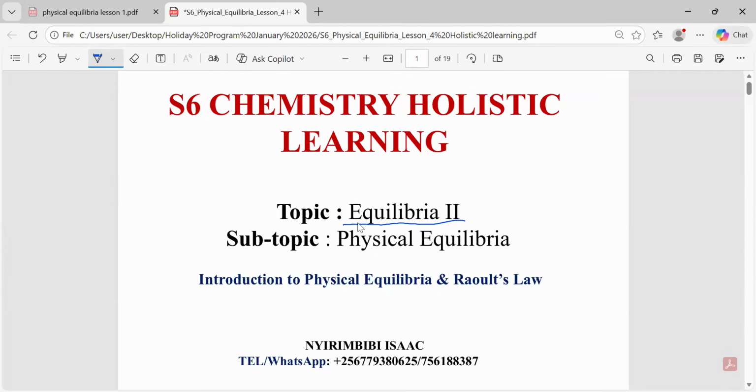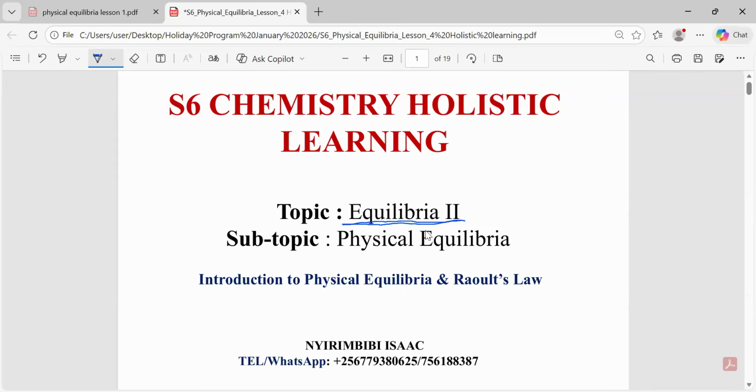So today we are looking at physical chemistry, and our first topic in this chapter is Equilibria 2. Equilibria 1 was covered in Senior 5, third term. For those who have not yet covered it, please let's make time and go through it. As I said previously, let's always get the syllabus books so that we know where we are going for proper preparation. The syllabus books were shared in the group.